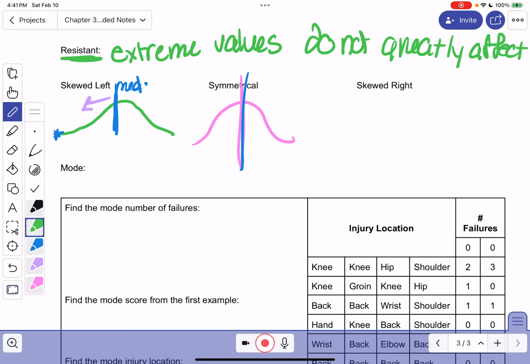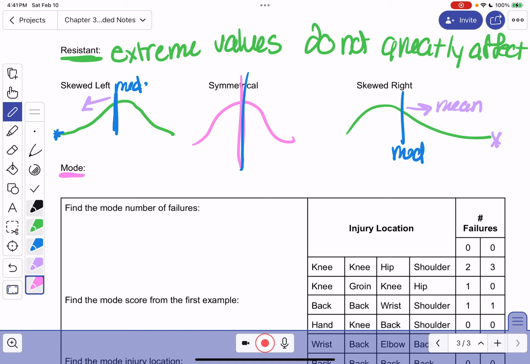And if it's skewed right, your median might be here, and this value is going to pull the mean up. So the only one that's resistant is the median. If you have skewed data, you want to use the median, because it's not going to be affected as much by the outliers.